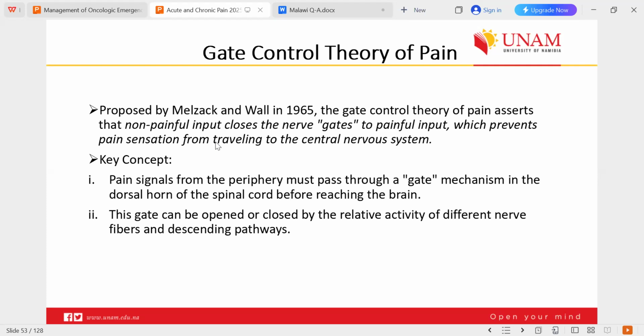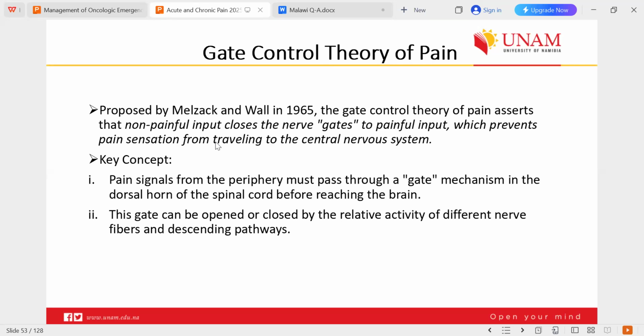Let me repeat that. Melzack and Wall proposed that there is a gate, especially in lamina 2 of the spinal cord, all right, which allows pain transmission or prevents pain transmission. So whatever activates that gate system will determine whether the patient will feel the sensation of pain or not.